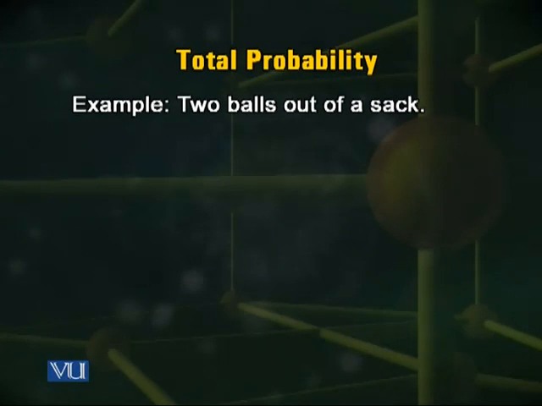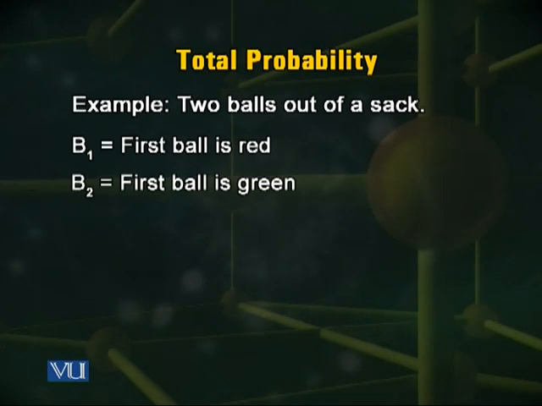So we are going to partition this sample space S into B1 and B2, where B1 represents the event first ball being red, and B2 represents the event first ball being green. And this is referring to the first part of the experiment.